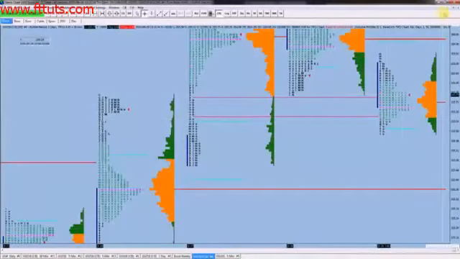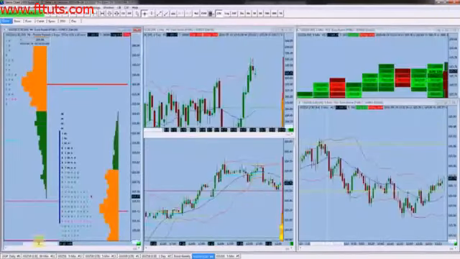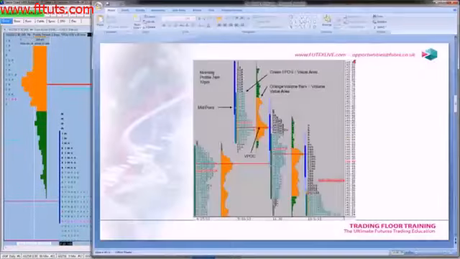Now, going back to our slideshow and our PowerPoint, the other things to keep note of with profile is this thing along the side here. This was innovated very recently.